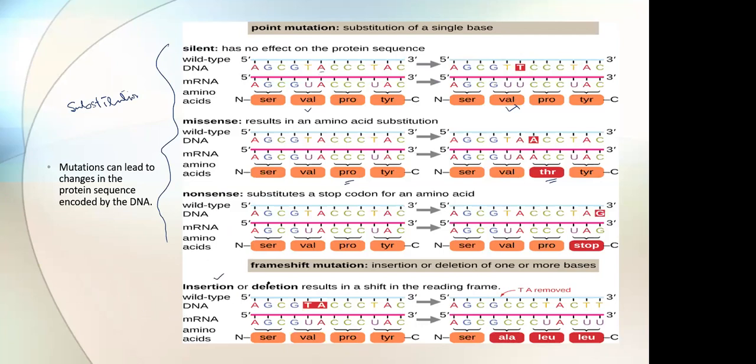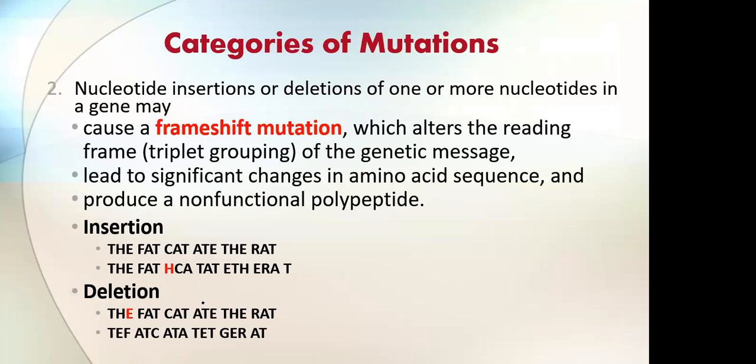If insertion or deletion occurs, the entire reading frame gets changed. I can show you over here. The actual sentence was, the fat cat ate the rat. So it makes sense: this is one codon, this is one codon, this is one codon. You can understand the meaning of the sentence.